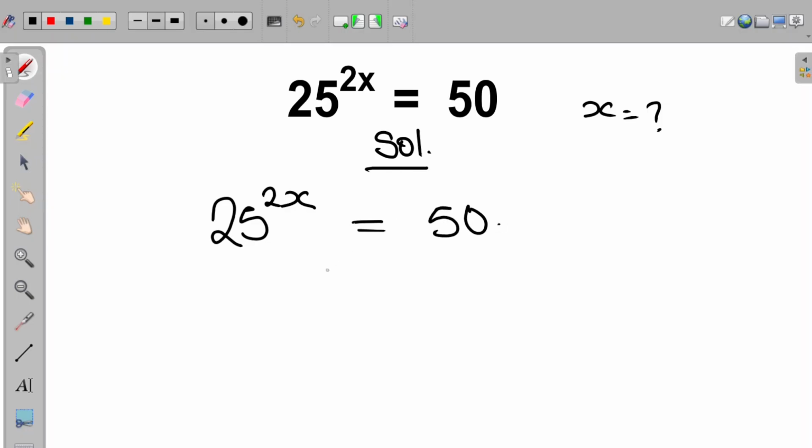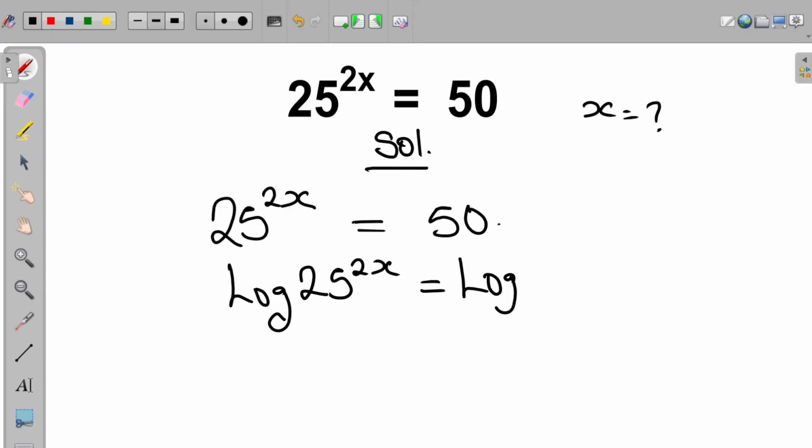Now the first thing we do is to take the log of both sides. So we have log of 25 raised to the power of 2x is equal to log 50. Now, note that log a to base 10 can also be expressed as log a.